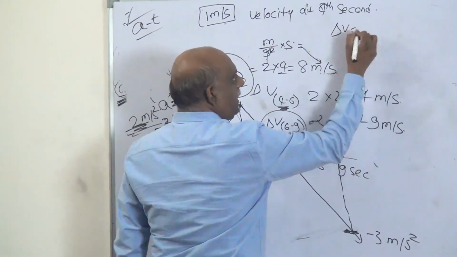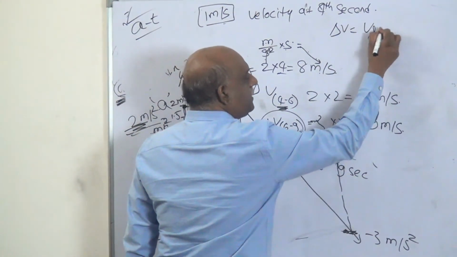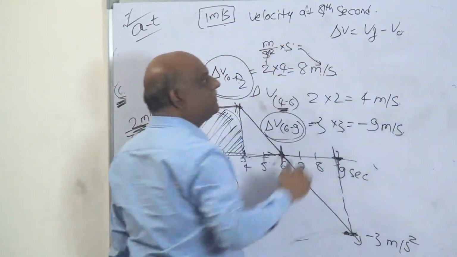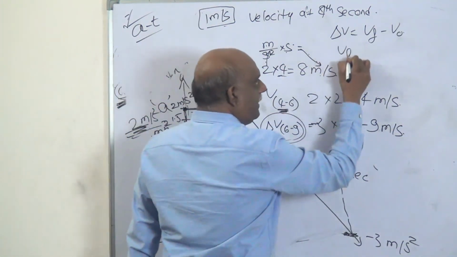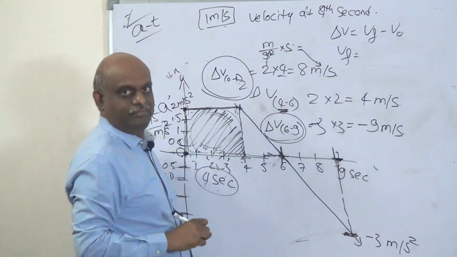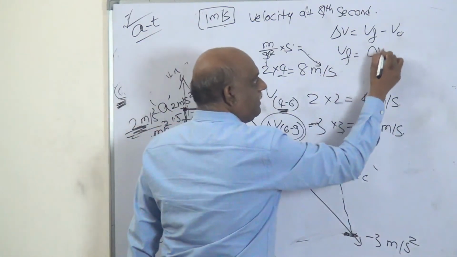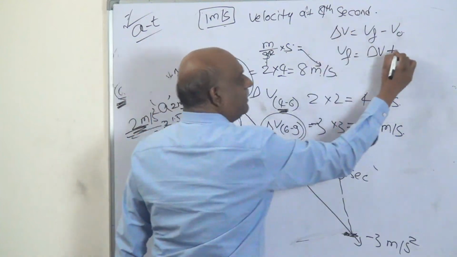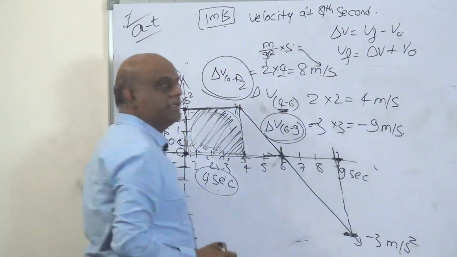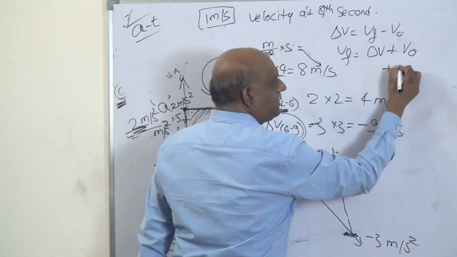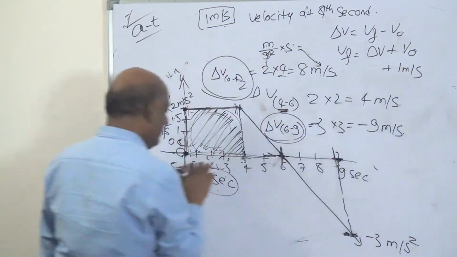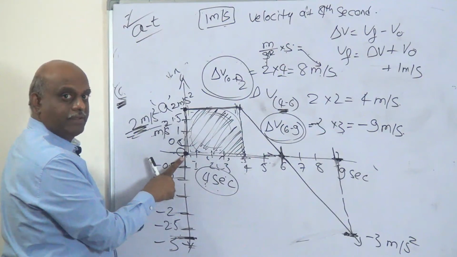Change in velocity is final velocity minus initial velocity. That is very simple. So final velocity is equal to change in velocity plus initial velocity. My initial velocity, how much did I say? Initial velocity is 1 meters per second at this point, right?